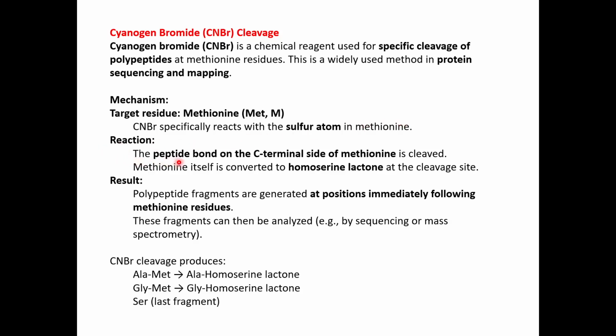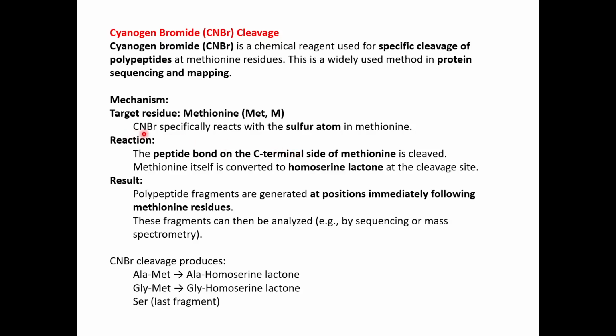The reaction is that the peptide bond on the C terminus of the methionine is cleaved, and the methionine itself is converted into homoserine lactone at the cleavage site, and therefore the polypeptide fragments are generated at positions immediately following the methionine residues. So the peptide bond that is at the C terminus. So in the previous methods we discussed where at N terminus we have cleavages, and from there we can deduce the sequence.